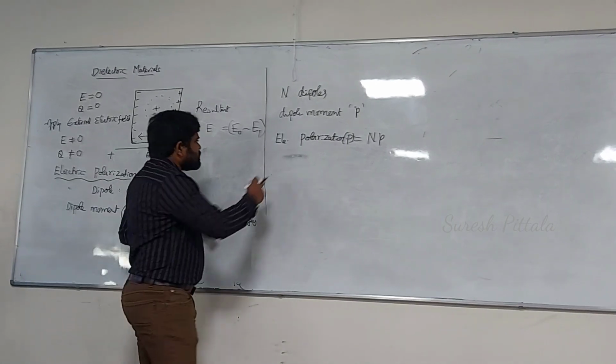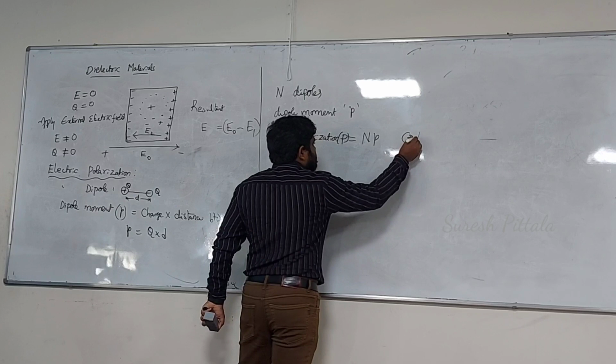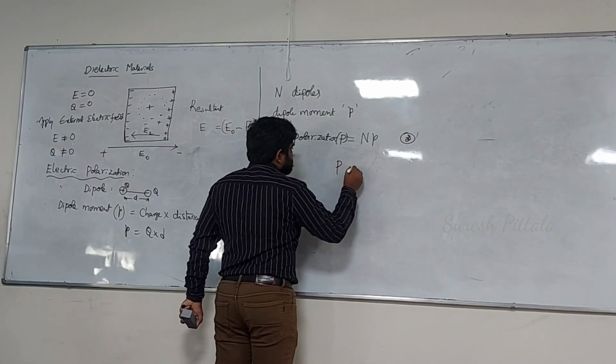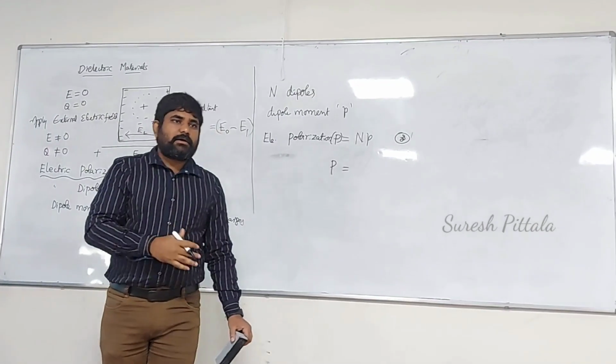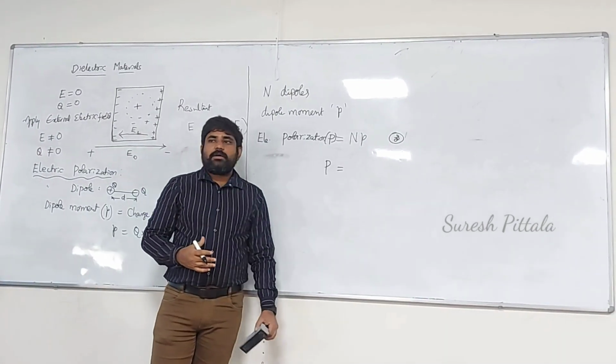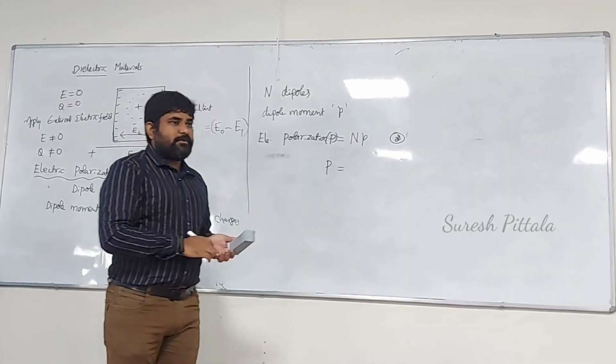It also has another definition. Whenever I say electric polarization, I have to say electric, because polarization also happens in magnetic materials. That is our next module, we'll discuss it.